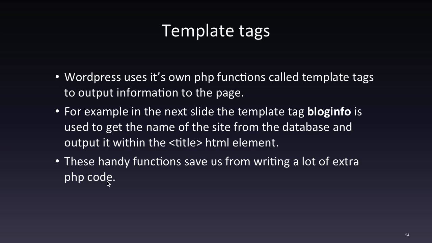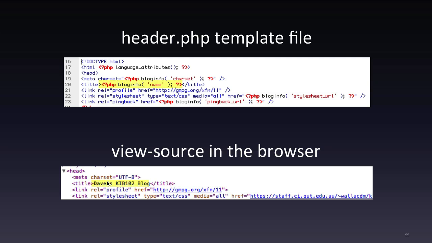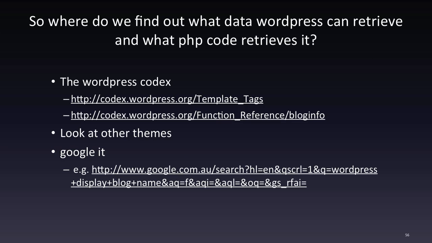So needless to say, these template tag functions are going to save us a lot of writing our own PHP code. As I said last week, there's really not a lot of PHP code that we'll end up having to write other than simply calling WordPress's built-in functions.